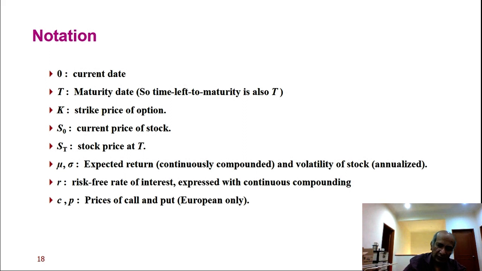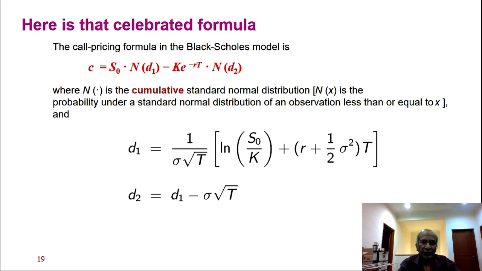That's quite straightforward. Okay, here's a celebrated formula. Look at this very carefully. Based on the Black-Scholes model, what is the price of a call? Small c equals S0, the current price of the stock, times N(d1), the normal distribution of d1, minus the present value of the strike price, K e to the power of minus rT, times N(d2).